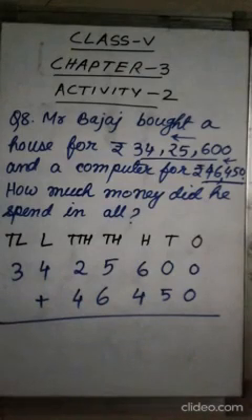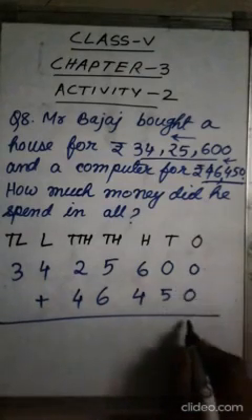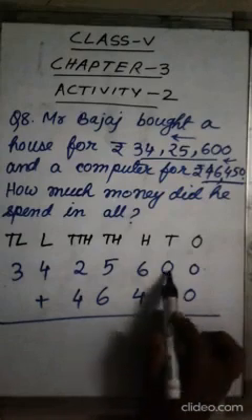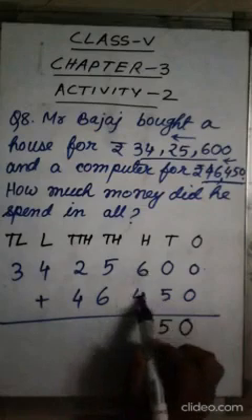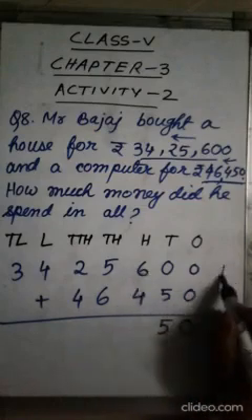You can see 0 plus 0 is 0. 0 plus 5 is 5. 6 plus 4 is 10.